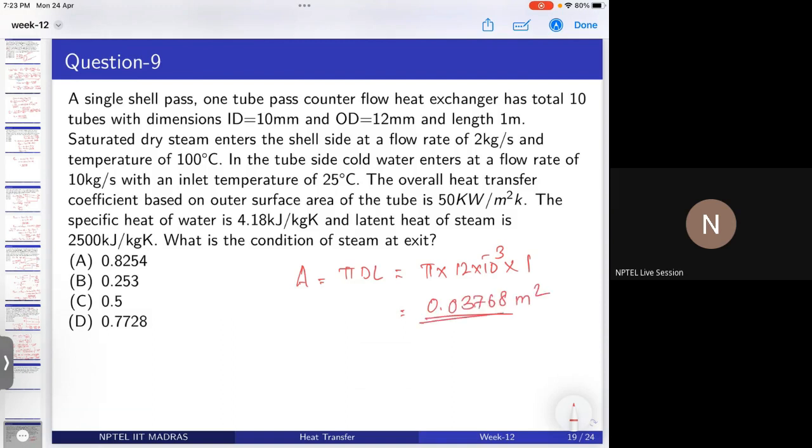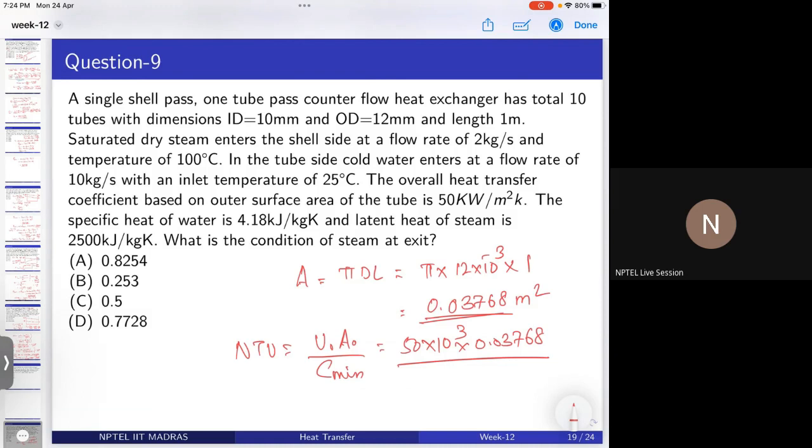Okay. So NTU is equal to U0 A0 divided by C min. U0 is given, how much? 50 kilowatt. Times 0.03768.